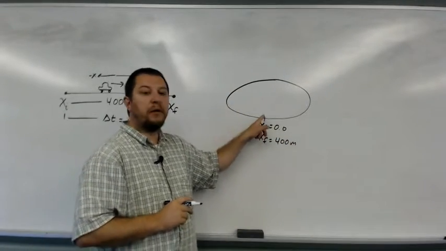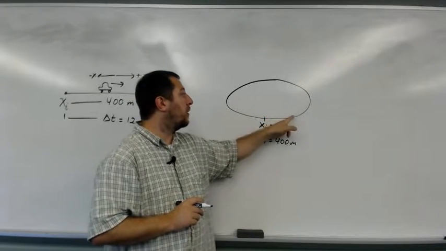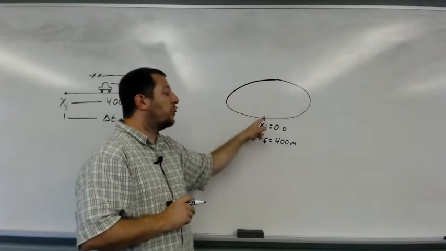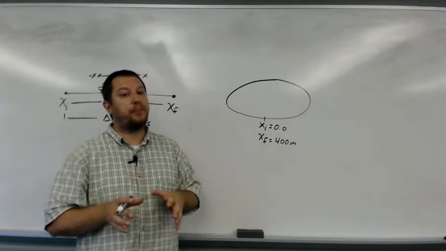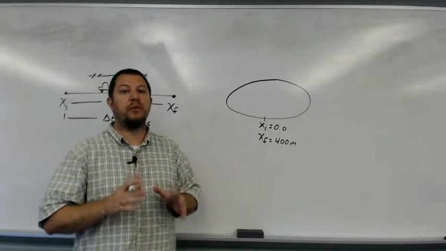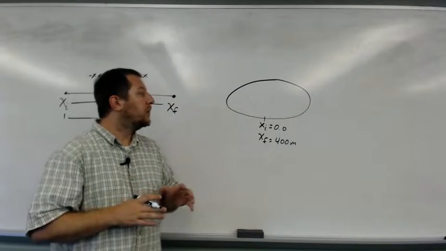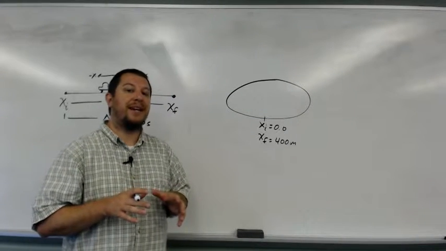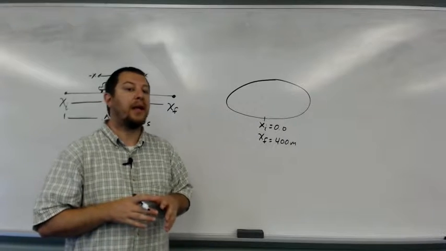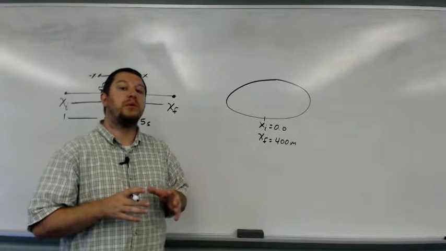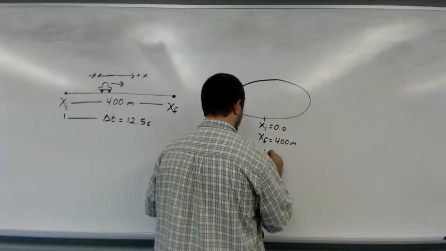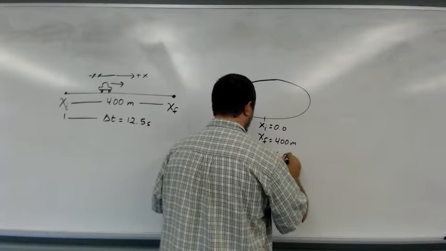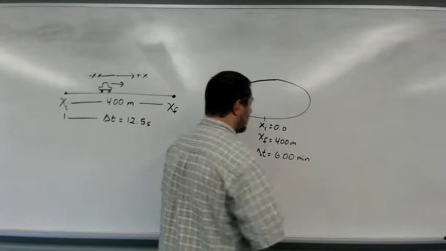So our runner is going to start here and run around the track, and we're going to assume that the instantaneous speed is constant throughout the whole track. And we will also assume that, let's say, the time interval is 6 minutes.